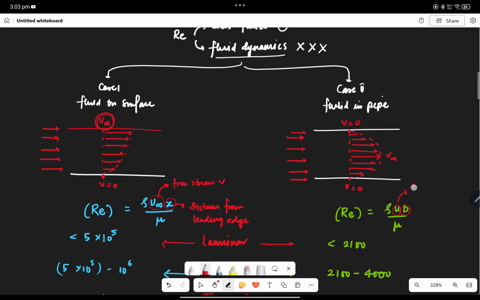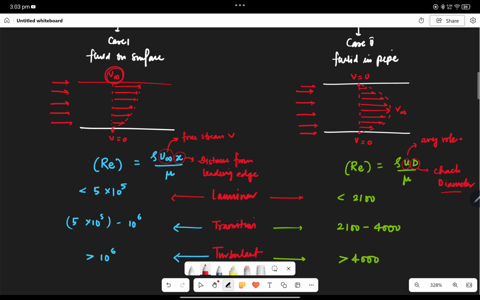So this is the average velocity of the fluid inside the pipe, and d is the characteristic diameter, the diameter of the pipe, right? Here you have to take the average velocity inside the pipe, and this diameter or length x is the characteristic distance that is going to influence the fluid flow, right?